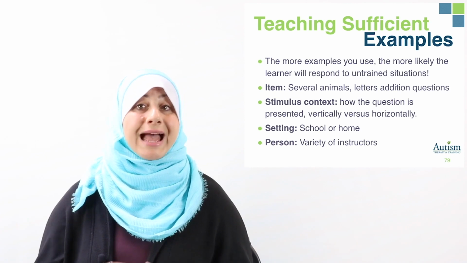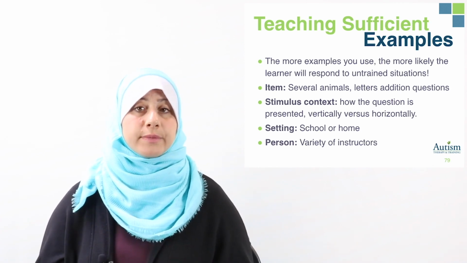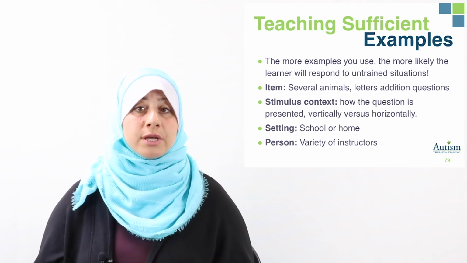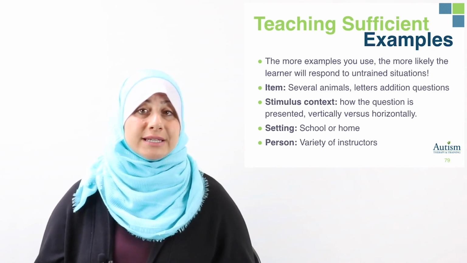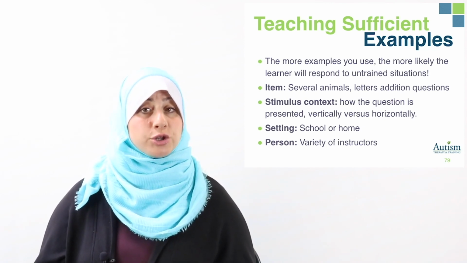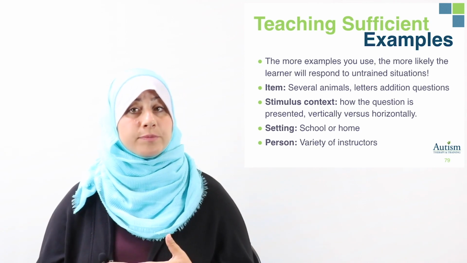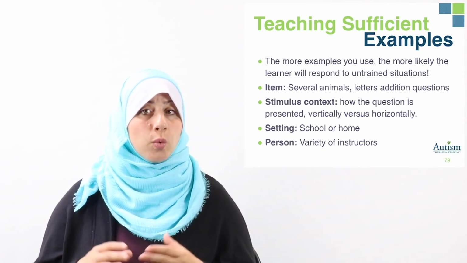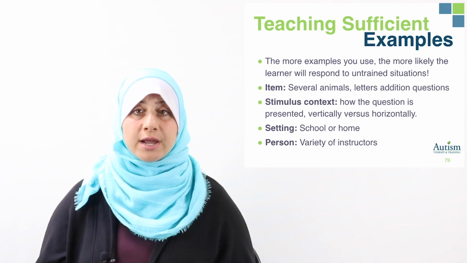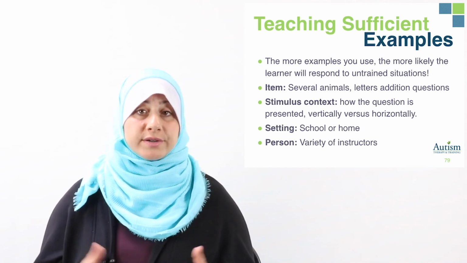Stimulus context: how the question is presented, vertically versus horizontally. How you present the questions, the phrases you use, these need to be varied. For example, when teaching a receptive identification program, saying touch the, find the, where's the, you don't want to use the same phrase each time, otherwise the learner will only respond when asked, "Where's the dog?"